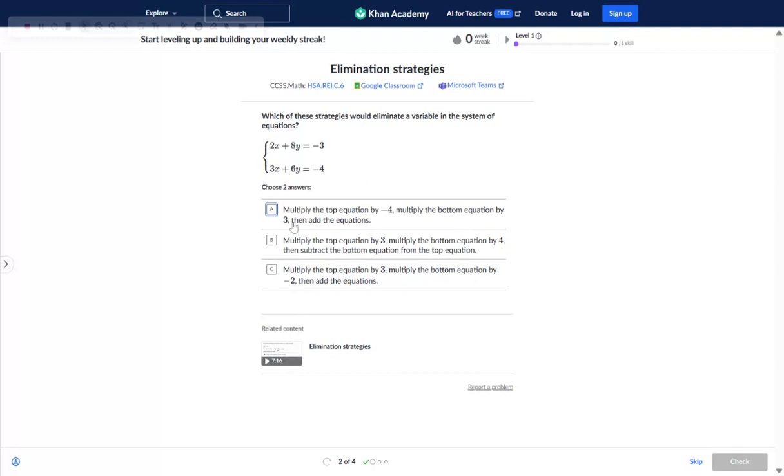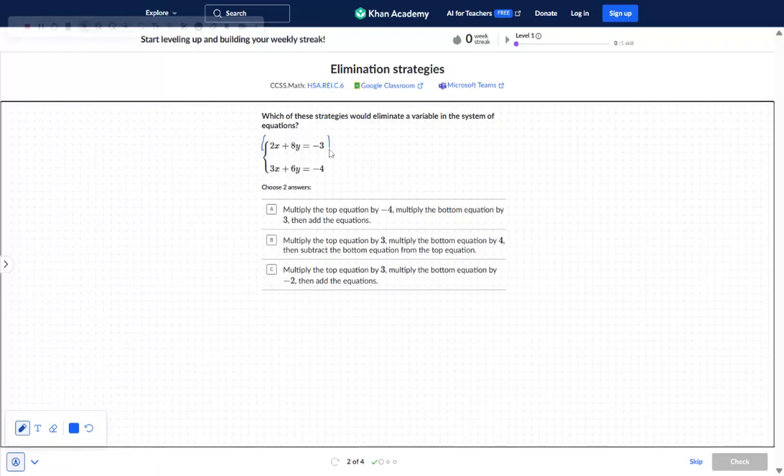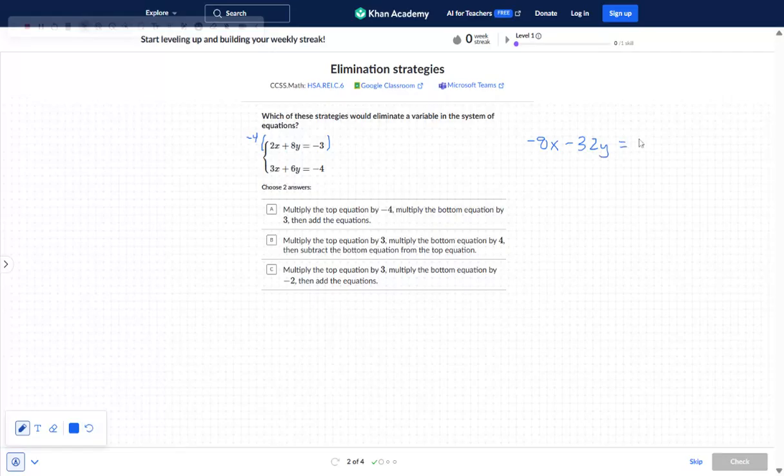Okay, so let's see. Multiply the top equation by -4 and the bottom by 3, then add. Seems very specific. Let's try that. Top equation by -4 would give us -8x minus 32y equals positive, I'll just leave it, positive 12.